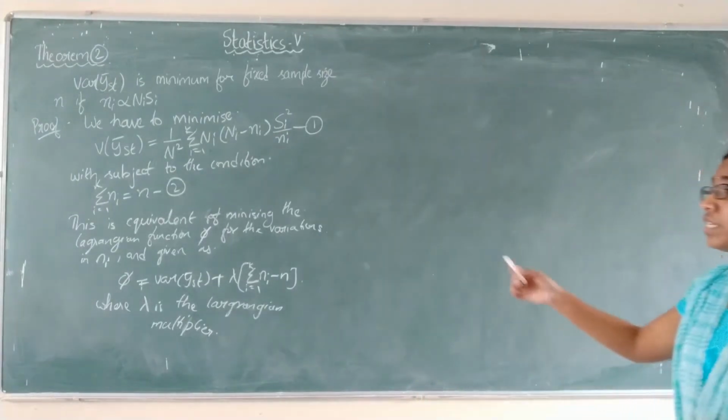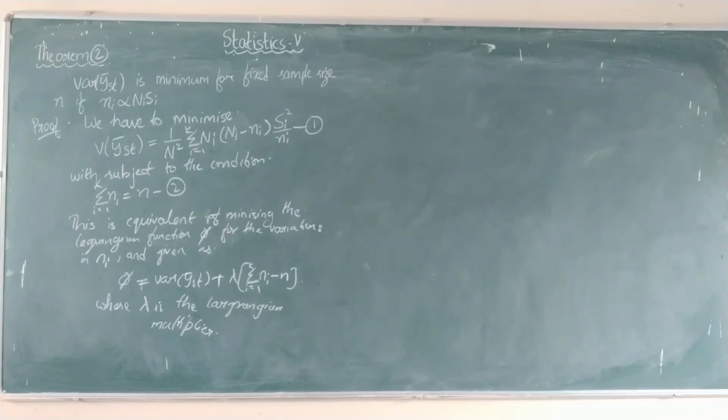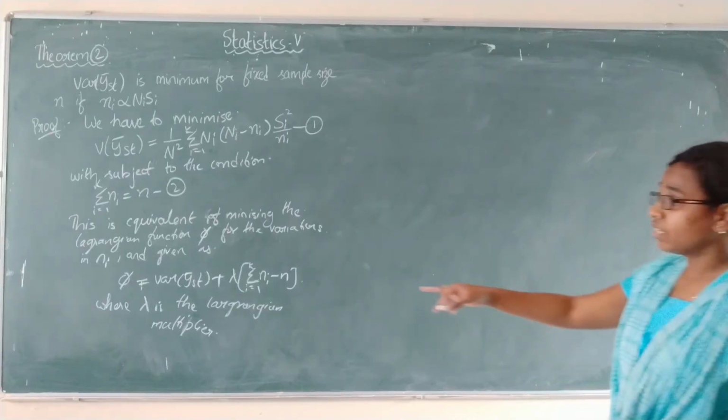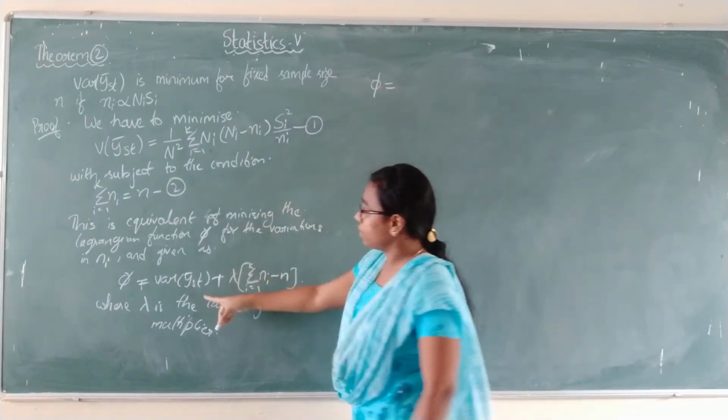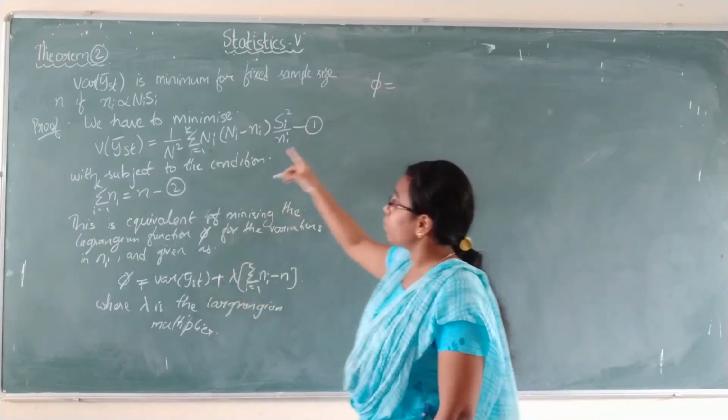So first, what we have to do is consider the Lagrangian function, that is pi equals variance of y bar st. So what is the variance of y bar st?